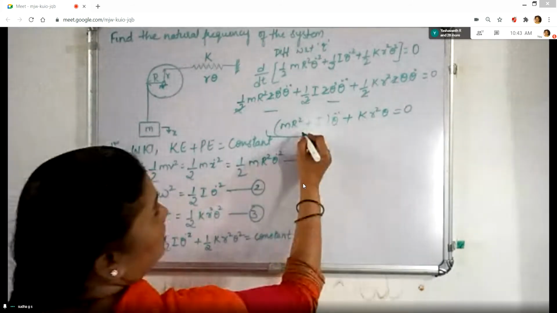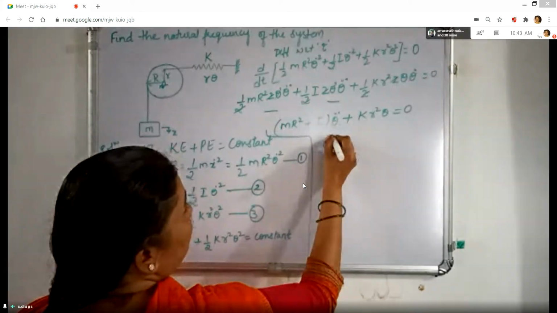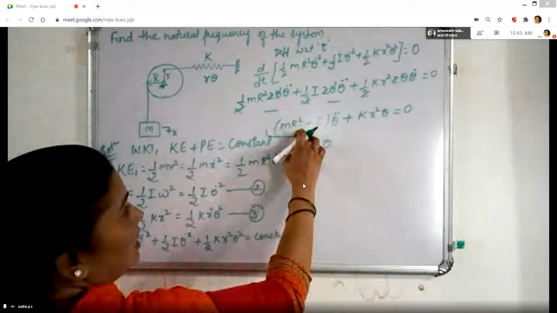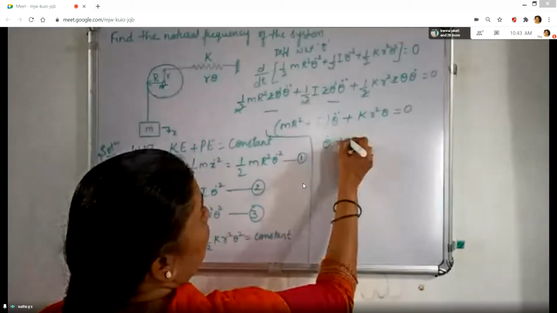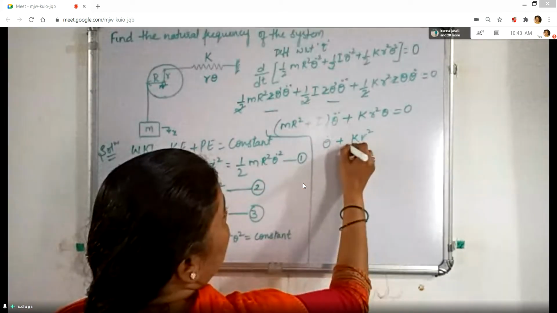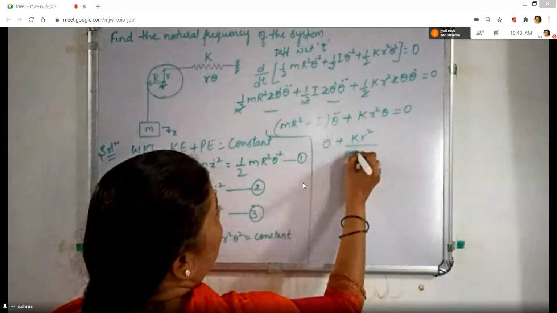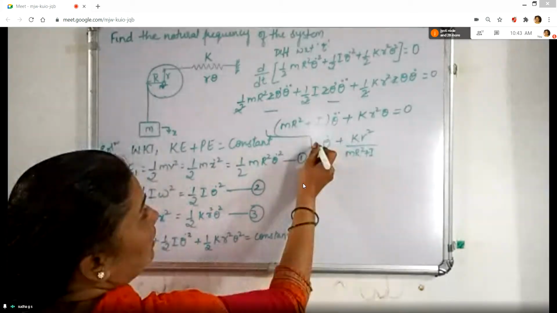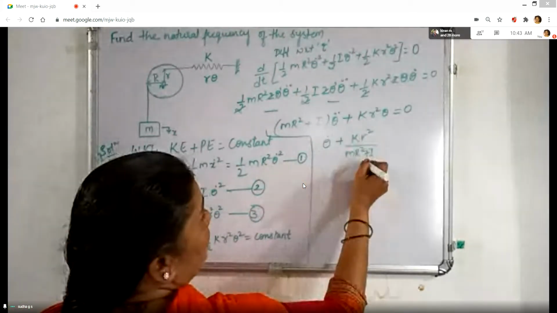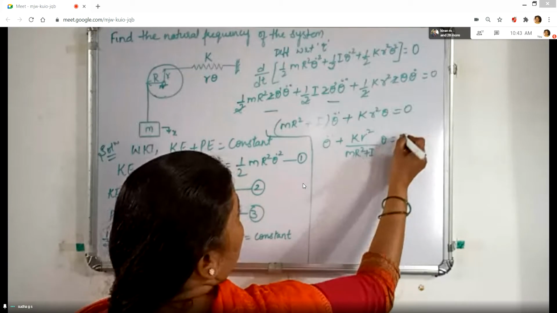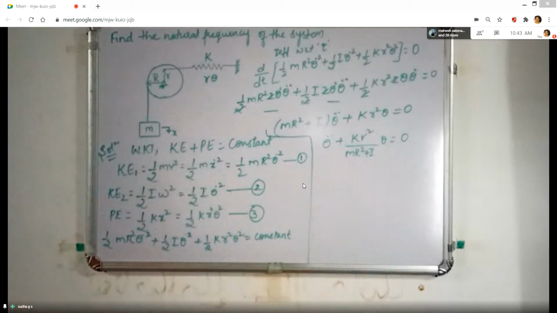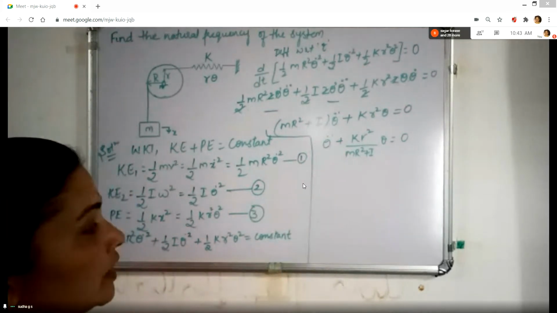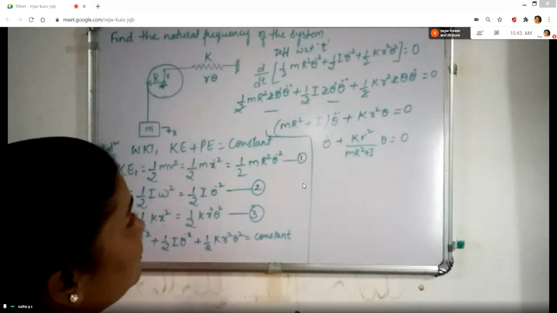Now divide this equation by m r square plus I. So what do you get? k r square divided by m r square plus I here. When you divide it, the first term becomes 1, right? Dividing by m r square plus I, you get this equation. Call it as equation number 4.